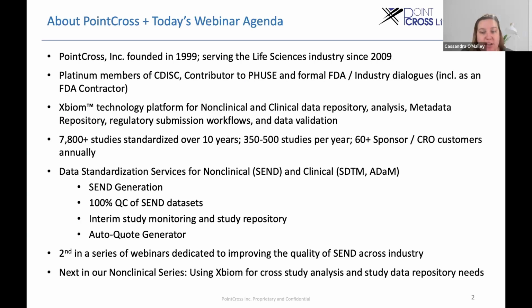The XBiome technology platform, which we're going to be using today, serves as a base for non-clinical, clinical data and metadata repositories, regulatory submission workflows, and an analysis, data visualization, and validation platform. Large sponsors and small biotechs alike have entrusted PointCross with their non-clinical studies and clinical information, with almost 10,000 studies processed.